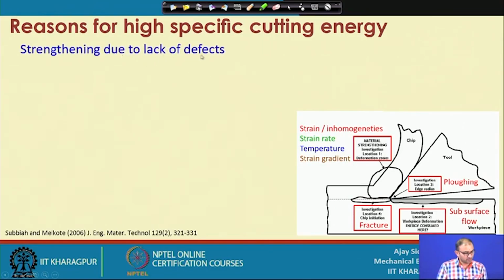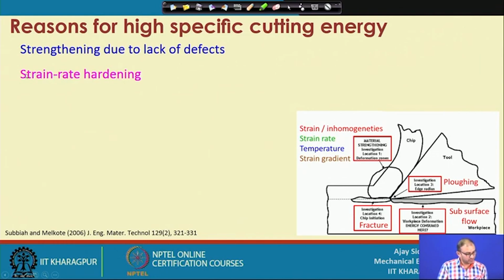First, strengthening due to the lack of defects. We saw in the previous slide that we are not able to find enough defects at the small scale or small volume of the material, and because of that the material becomes an ideal material and the tool cannot penetrate very easily. Second, strain rate hardening, which means the rate at which your strain is increasing or decreasing.